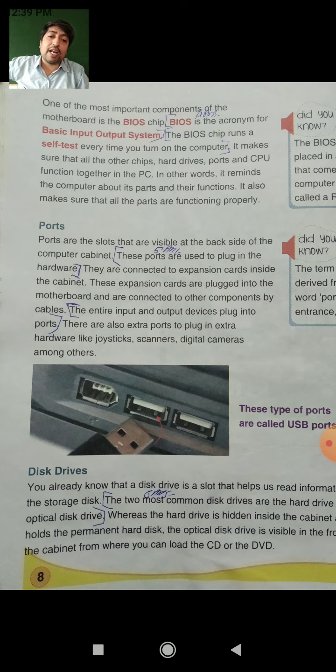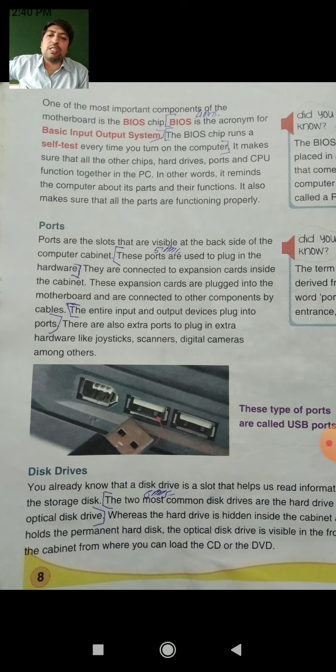The hard drive is hidden inside the cabinet and holds the permanent hard disk. The optical disk drive is visible on the cabinet, from where you can load a CD or DVD. The data is permanently stored on the hard disk.